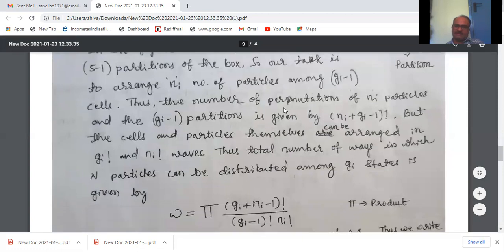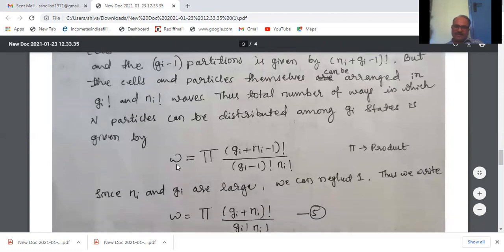Thus the number of permutations of ni particles and gi minus 1 partitions is given by (ni plus gi minus 1) factorial. But the cells and particles themselves can be arranged in gi factorial and ni factorial ways. So the total number of ways in which the total number of particles can be distributed among gi states is given by this formula.